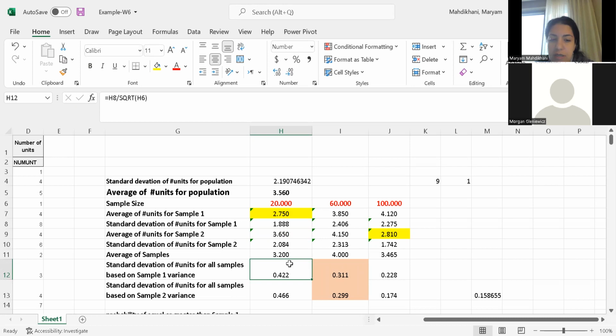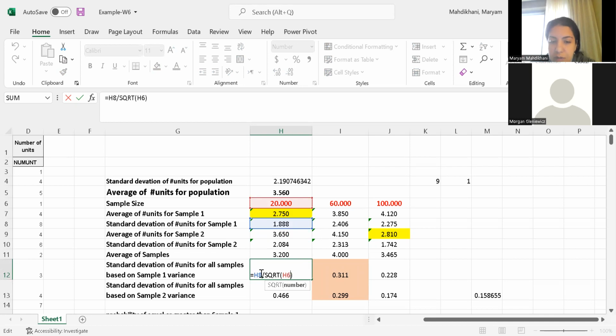Now I also want to take the standard deviation of all the samples based on the sample 1 standard deviation, or based on the sample 1 variance. How can I calculate it? The calculation is the standard deviation of my first sample, this blue one, 1.888, divided by the square root of the number of observations that I have in my first sample, which is 20, right?